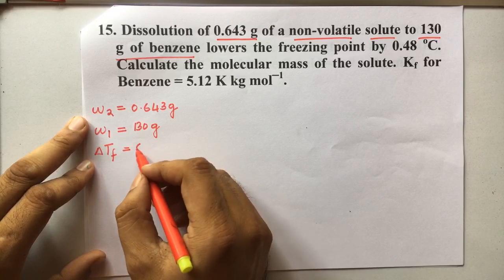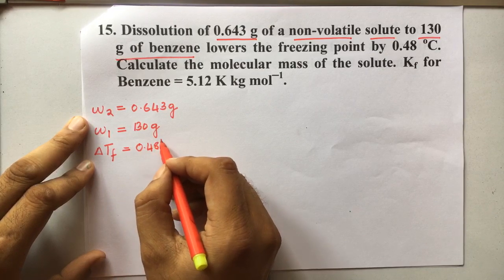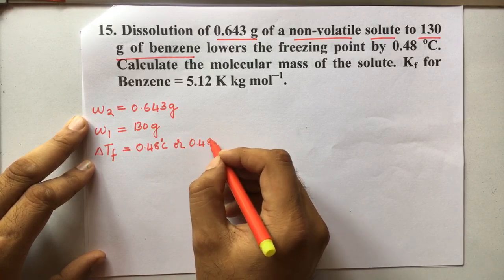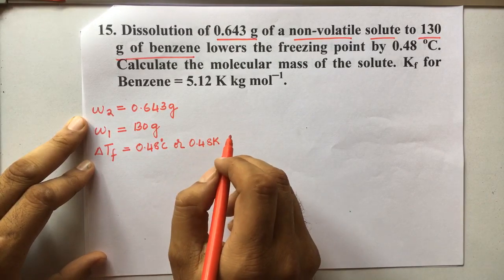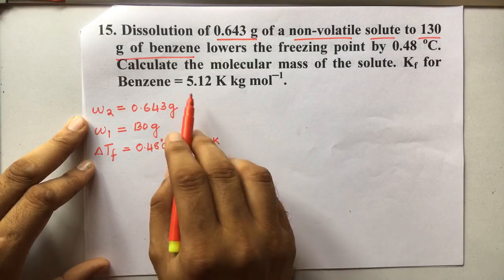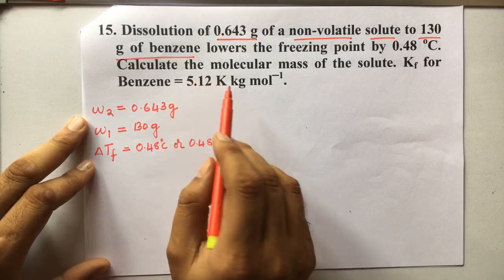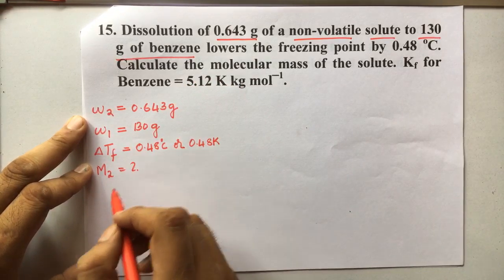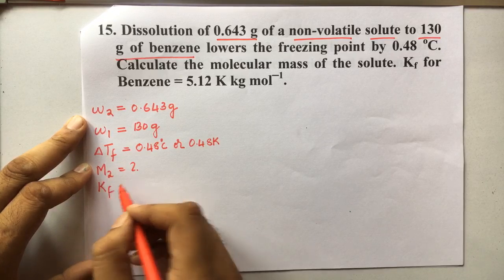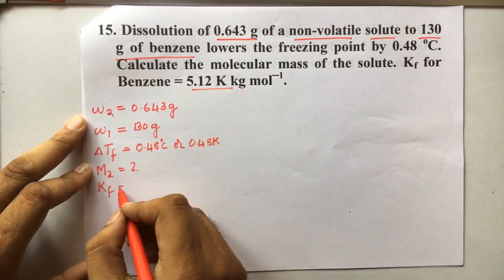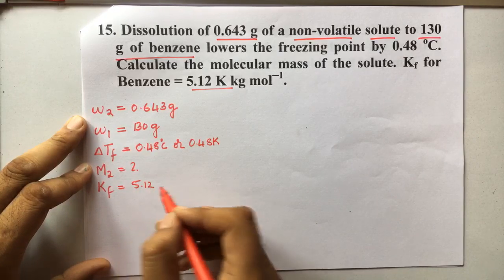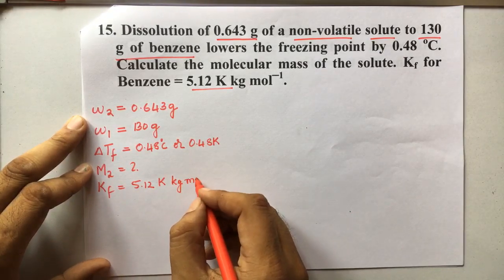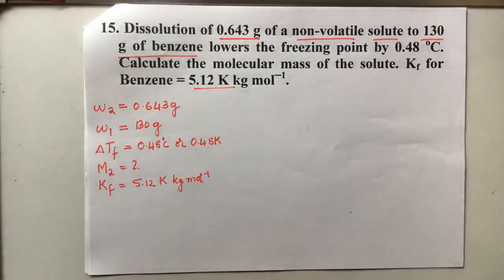Delta Tf is equal to 0.48 degrees Celsius; the difference remains the same, so this is equal to 0.48 Kelvin. Calculate the molecular mass of the solute. M2 has to be calculated. Kf value is given as 5.12 Kelvin kg per mole.